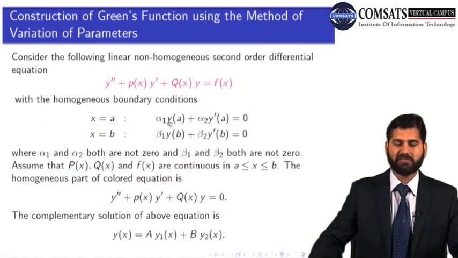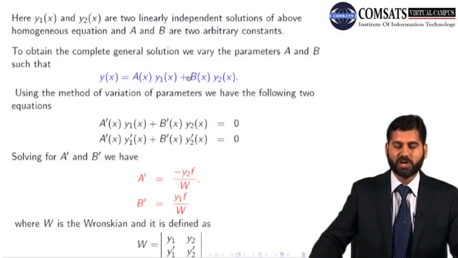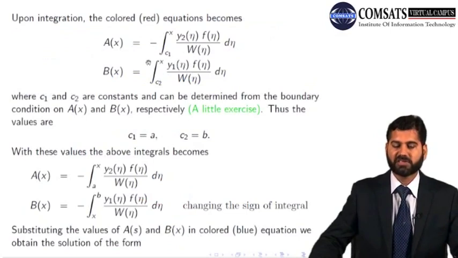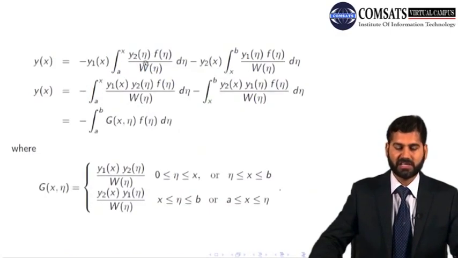For this non-homogeneous equation, we used the method of variation of parameters to construct the Green's function, like this one. And once the Green's function is there, we constructed this y of x.